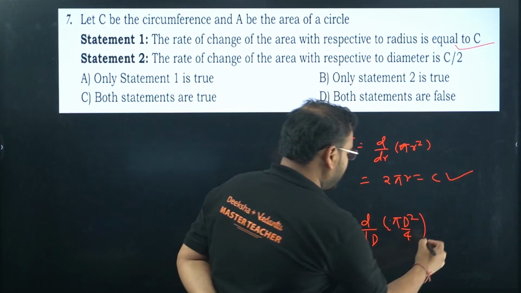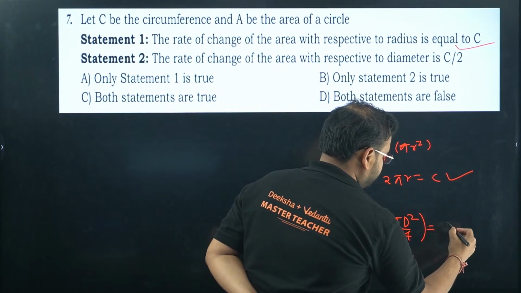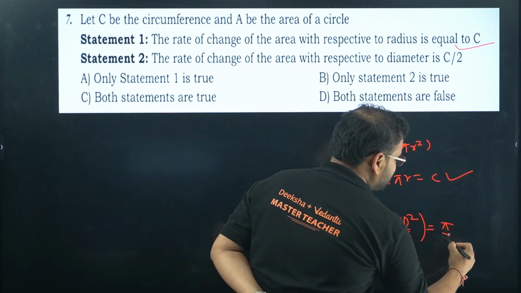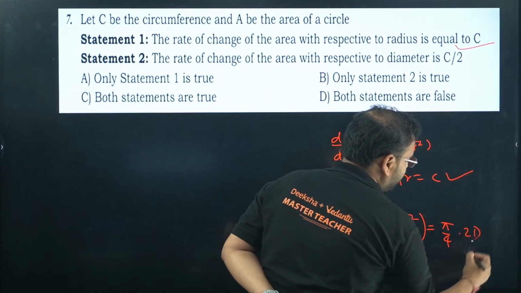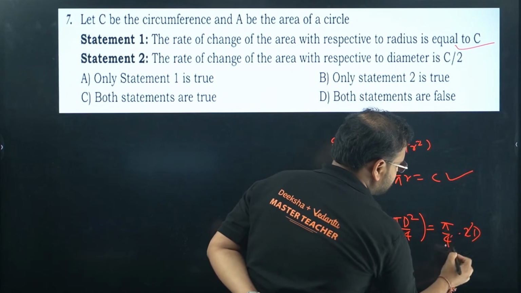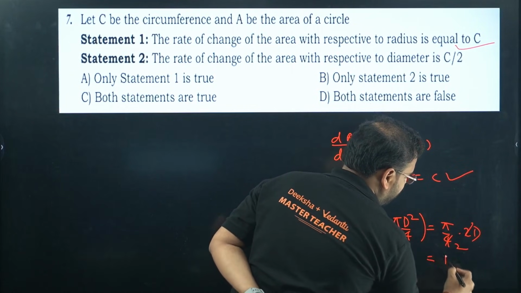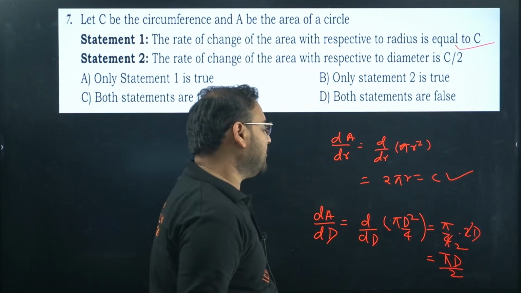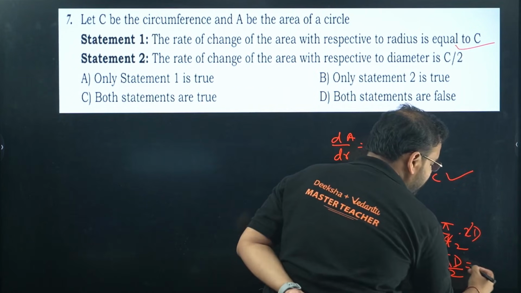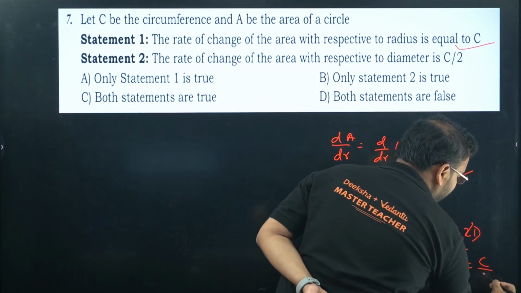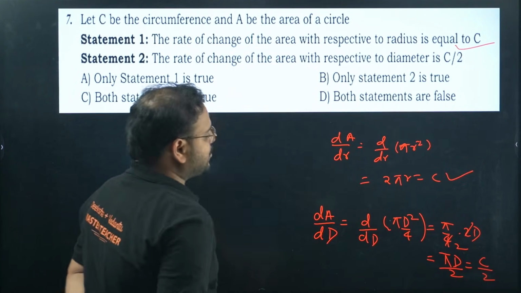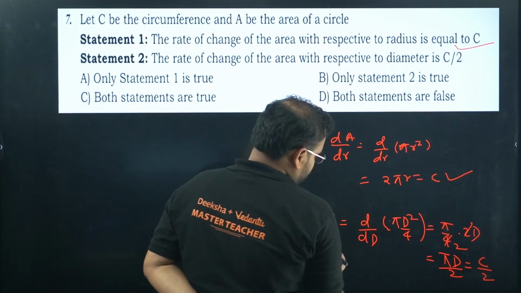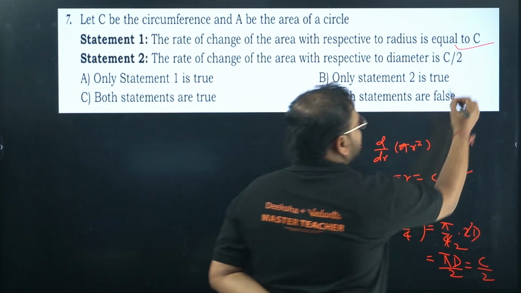Differentiate, you'll end up with pi by 4 outside, and you'll have 2d over here. So this cancels. So you get pi d by 2. Pi d by 2 is nothing but, please check, pi d is going to be circumference by 2. Okay, this also is true. So dA by dd is coming as c by 2.